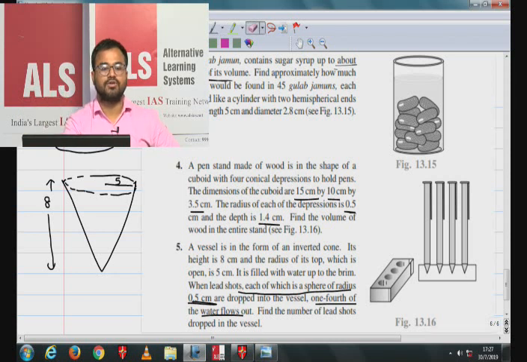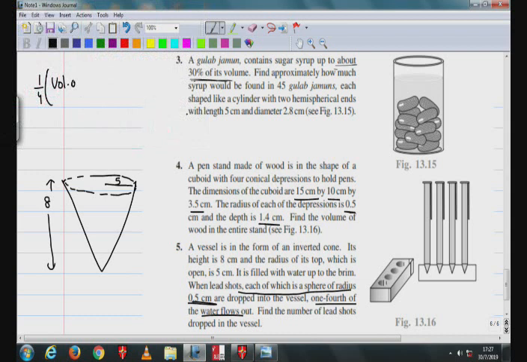So what you can do, you can take this expression: 1/4 of the volume of cone. Volume of cone means volume of water. So 1/4 of this is equal to the total volume of the lead balls. Suppose there are n lead balls.